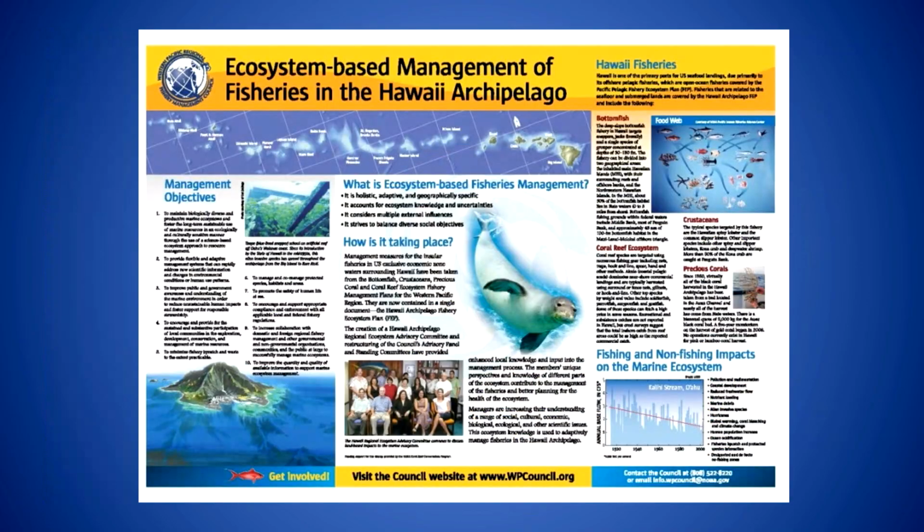In 2010, the Council restructured its 5 species-based fishery plans into place-based ecosystem plans for the archipelagic fisheries of the U.S. Pacific Islands and the uninhabited islands and the Pacific pelagic fishery. This ecosystem-based approach increased the issues under the Council's consideration to include climate change, bycatch, forage fish, protected species, marine debris, and non-fishing impacts such as pollution, nutrient loading, and ocean acidification.